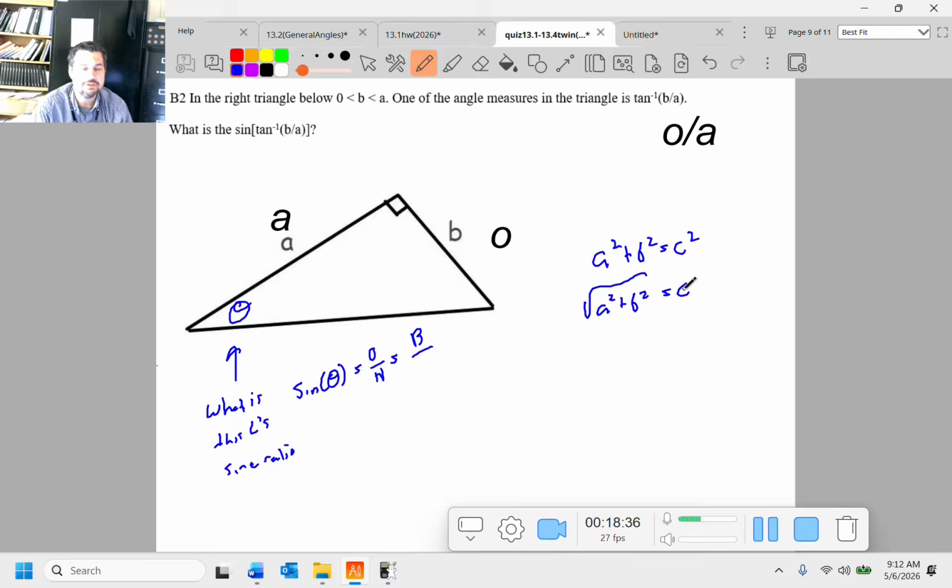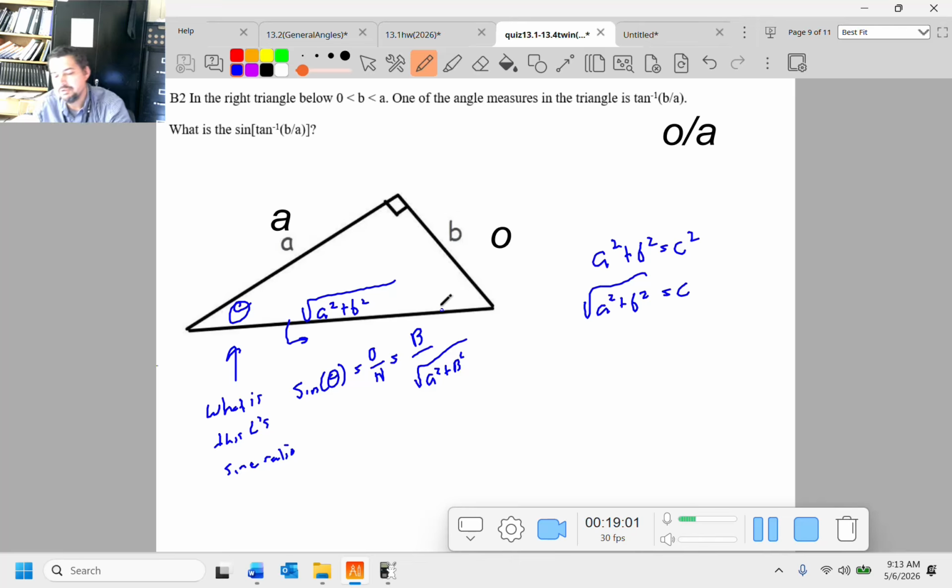If you think that makes sense, you're not mathematically oriented and you need to fix it and figure out why not. But this is the hypotenuse. I should be putting it on the outside, but I'm just out of room. It ought to be right there, right? Anywho, this is my hypotenuse. Square root of a squared plus b squared.